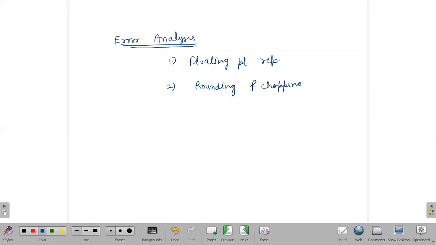In the first chapter, we have not done any numerical technique to solve any problem, but we have done the basic things that we will use in the subsequent chapters. So absolute error and relative error, this we have done. And next we have done the significant digits. Then we have done loss of significance.